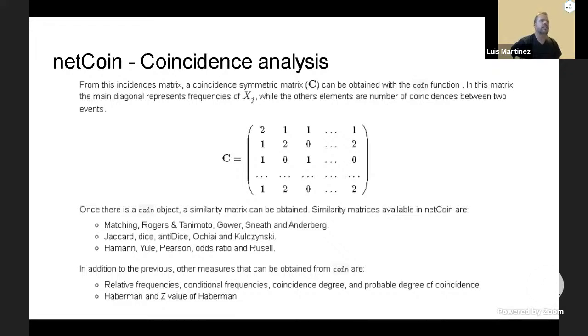the coincidence matrix is a way of projecting what we have, so that we only get the events and we see how many times different events occur together.